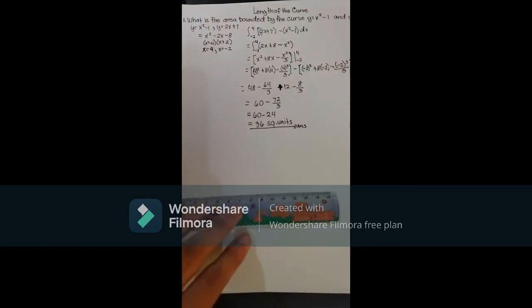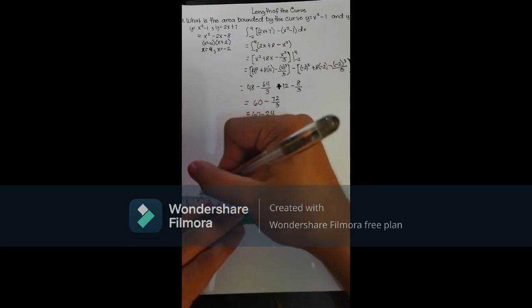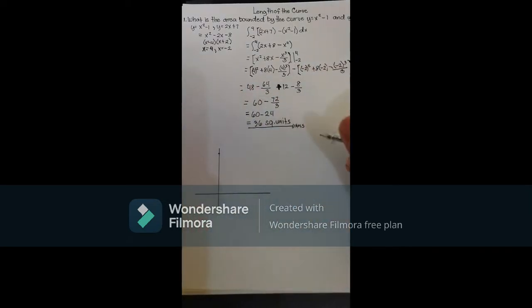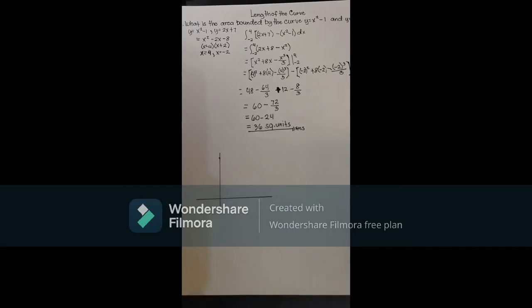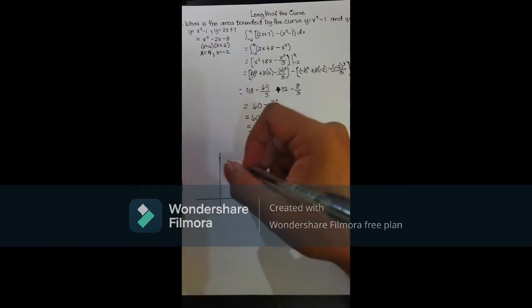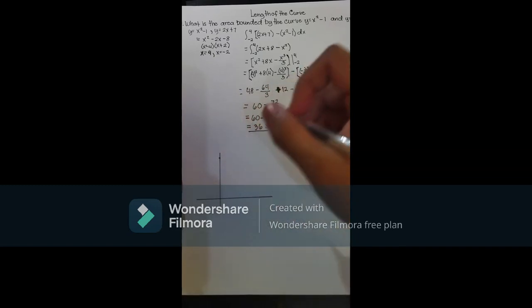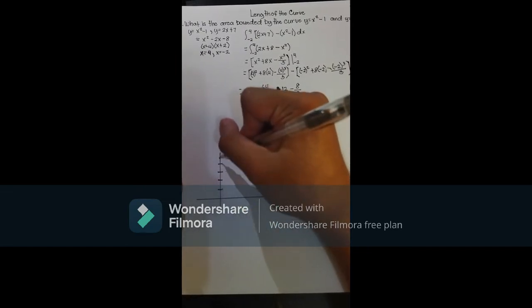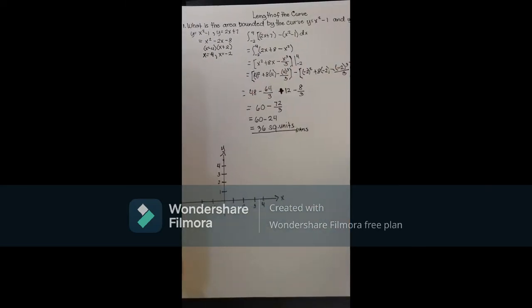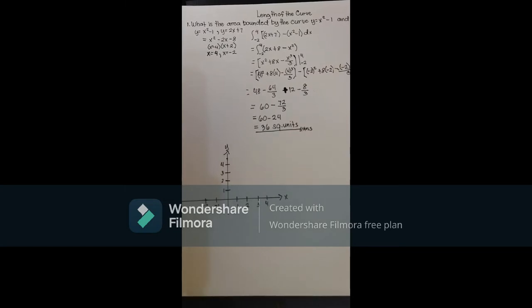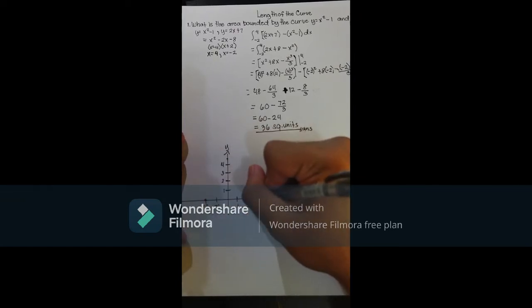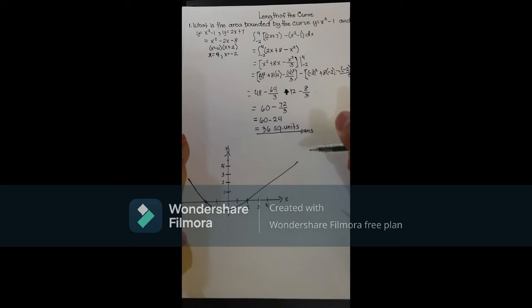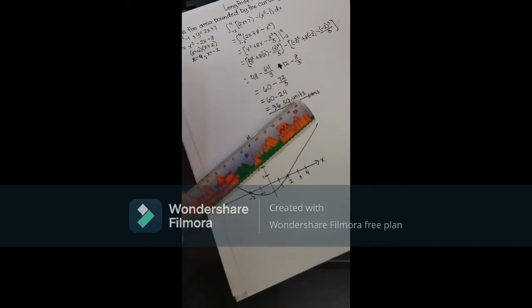Now we are going to graph our answer. So the graph of x squared minus 1 and 2x plus 7 will look like this. So the points are there.